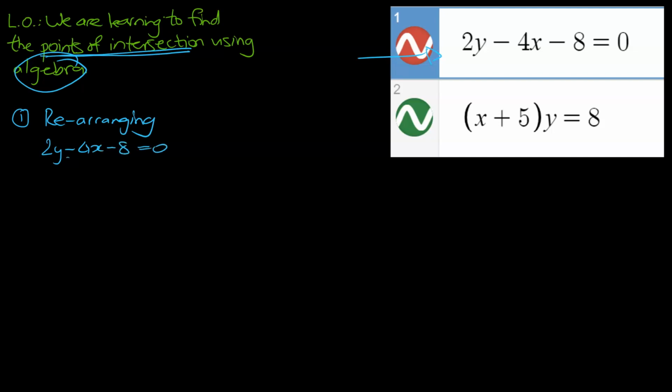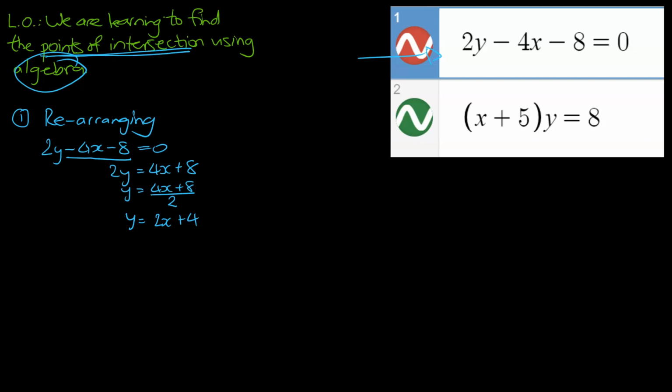First step, let's move everything except for the y's to the other side. So that's going to be 2y is equal to 4x plus 8. We're then going to take that times 2 to the other side as division. So divide by 2. And we can then actually do that division. So 4x divided by 2 is 2x. 8 divided by 2 comes to 4. So we've now got that rearranged, sorted out.